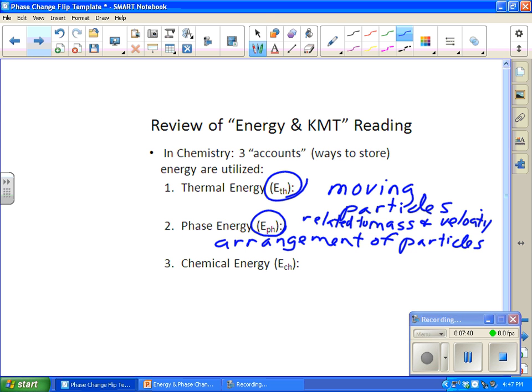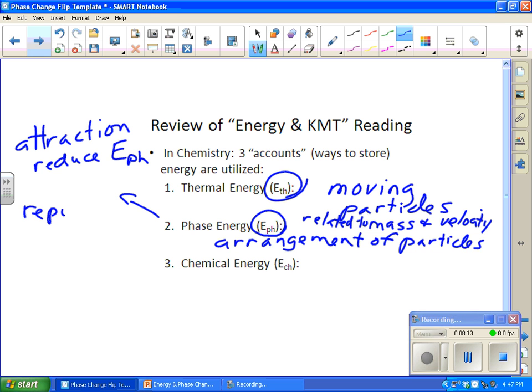In phase energy, the gas, for example, would have the greatest amount of phase energy since the particles are completely broken away from each other. It depends on how much attraction there is and how much repulsion. So for this, an attraction is going to reduce or lower the E_ph.